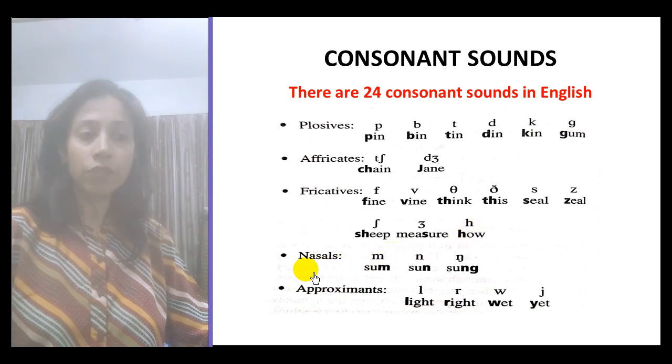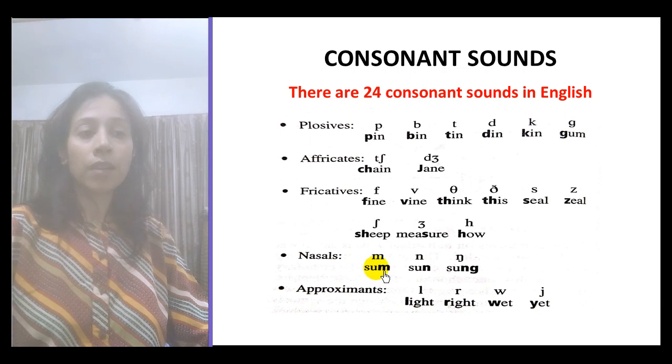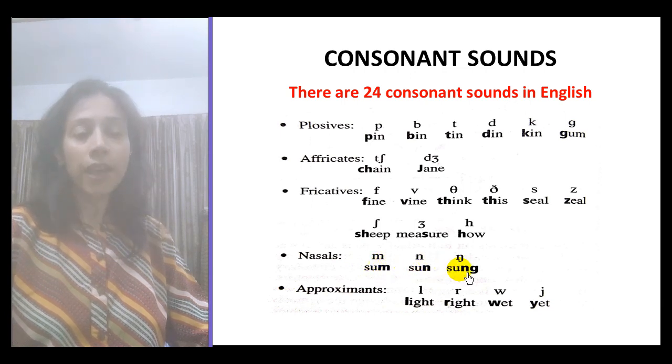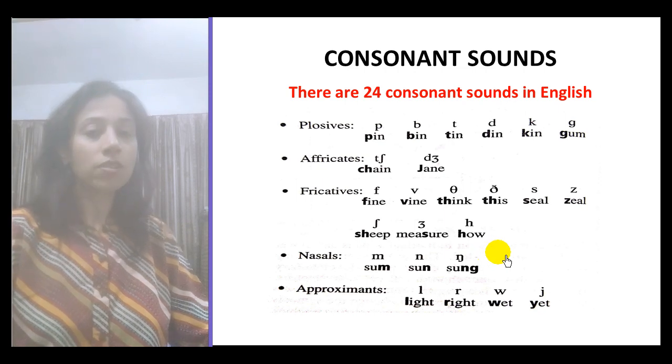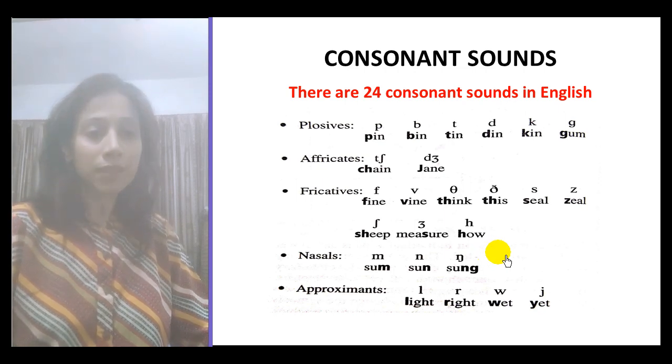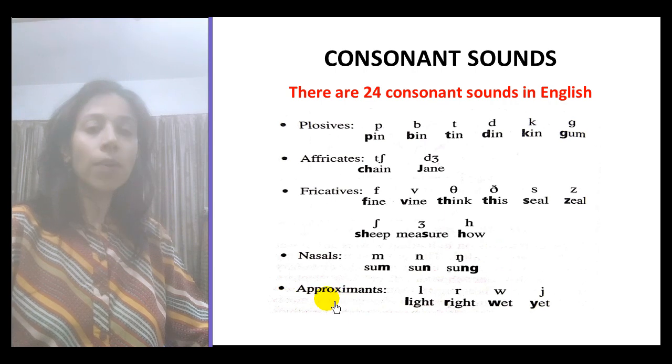Then we have a set of nasals, and they are m, n, and ng. This ng as in sung, it is nasalized basically. So you pronounce it nasally. Then you have approximants here.